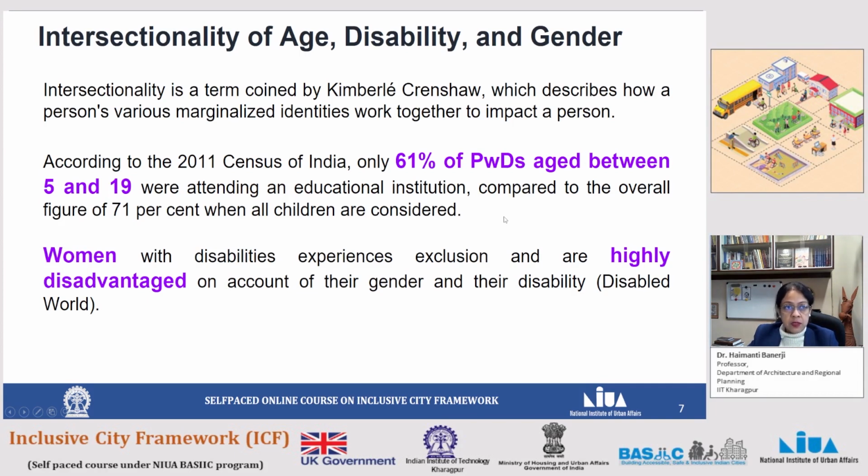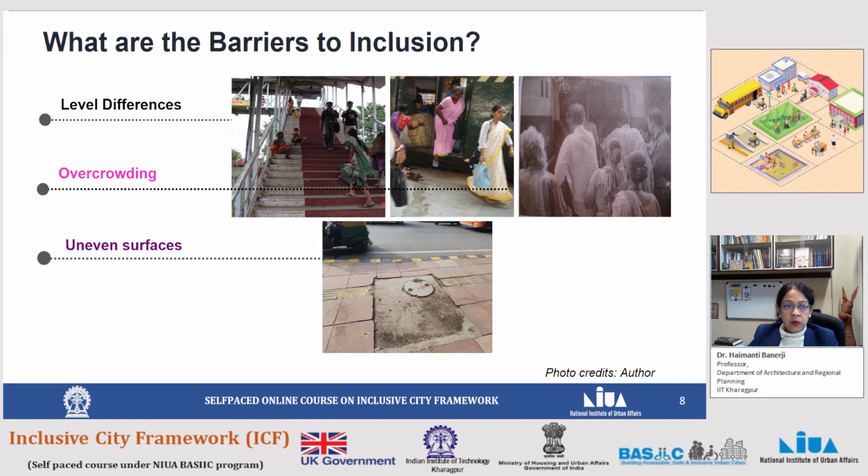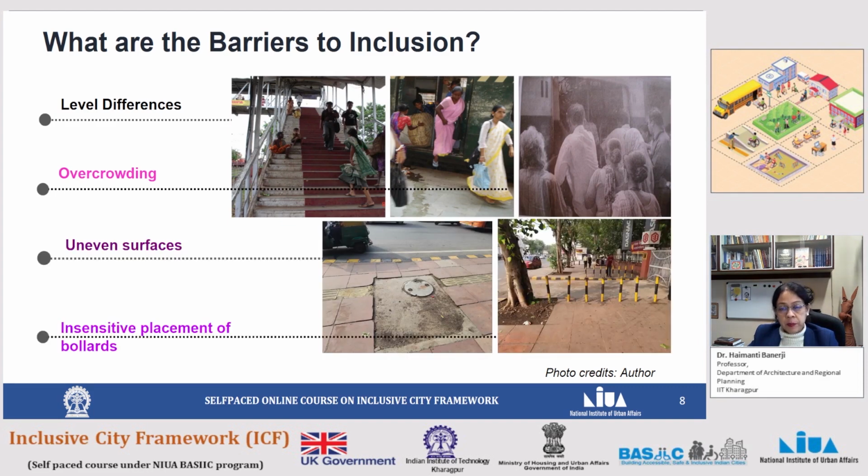Now, let's try to understand what the common barriers to inclusion are, or rather, what causes exclusion or segregation. A person who is blind or wheelchair bound, unable to move independently in the urban environment, unable to walk up these overbridges and flyovers, these are some common pictures which come to our mind when we talk about a person with disability.